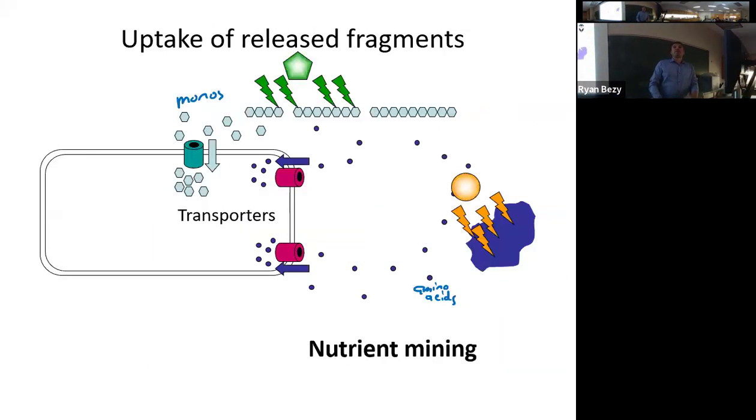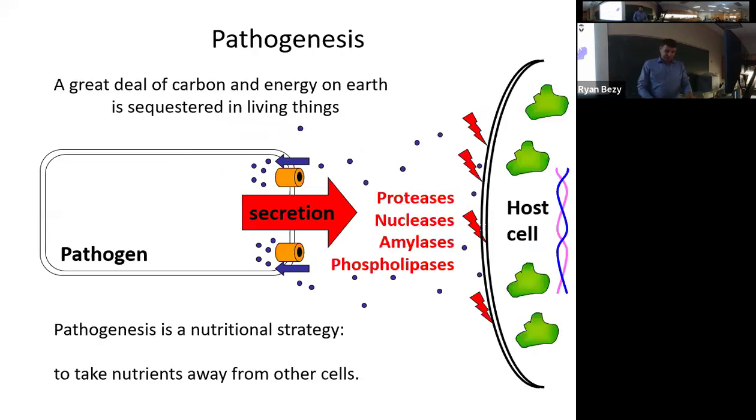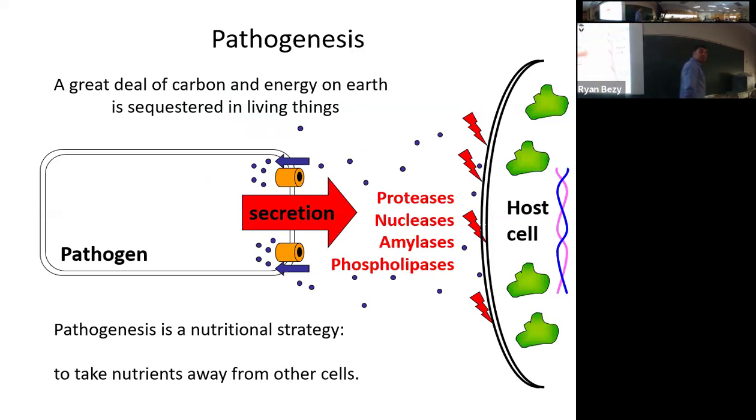The other thing to keep in mind is that proteins and macromolecules are good energy sources and good sources of structural building blocks. Guess what's an even better energy source? Other cells. Pathogens are those types of organisms that cause disease. There's a great deal of carbon and energy sequestered and tied up in living cells, in living things.